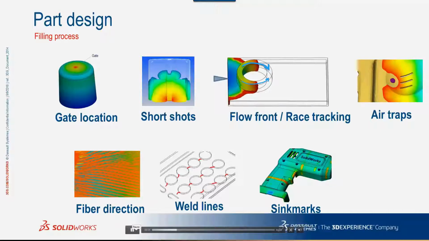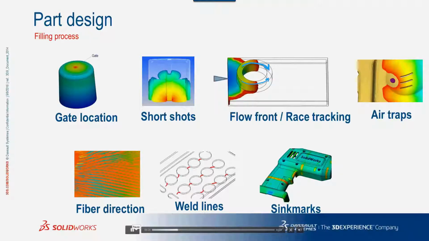We're just giving you a suggestion of the best way to fill. We will tell you if something's going to short shot. We track the flow front and see how weld lines and meld lines come in. We'll also look at air traps.